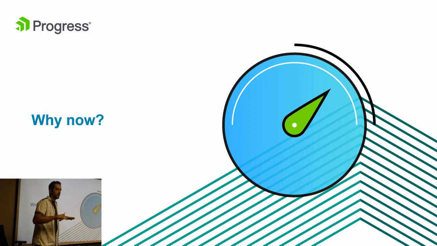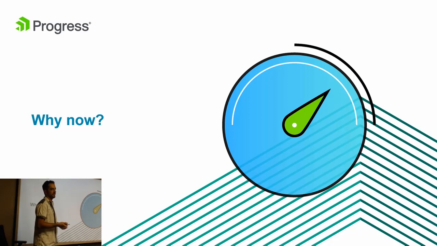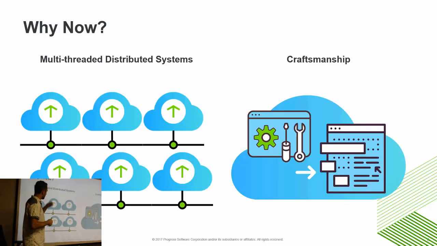And this has been a pretty popular topic as of recent. I went to Codepalooza earlier this year, and I think there were 3 or 4 functional programming workshops happening at the exact same time. So why is it picking up in popularity right now? My opinion is that multi-threaded systems are one of the big reasons.